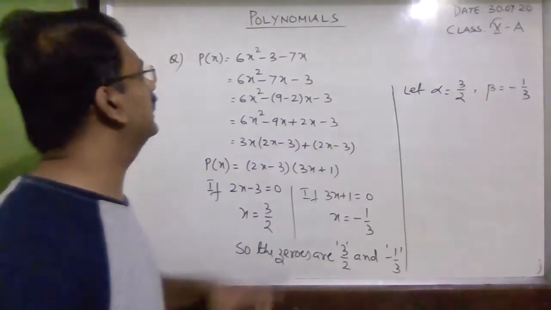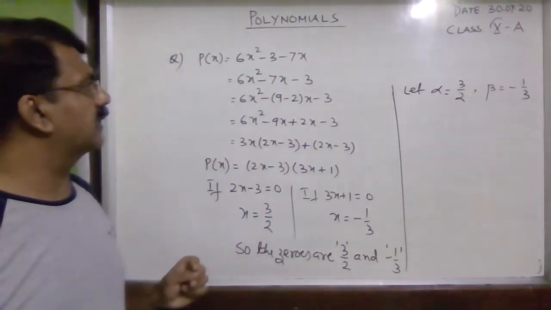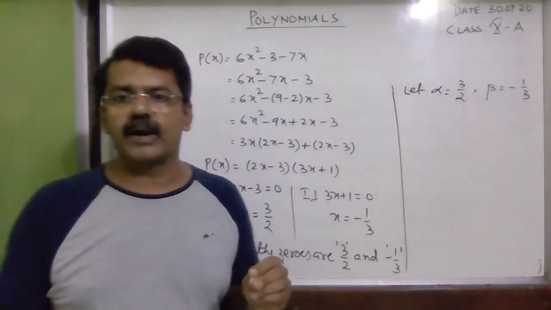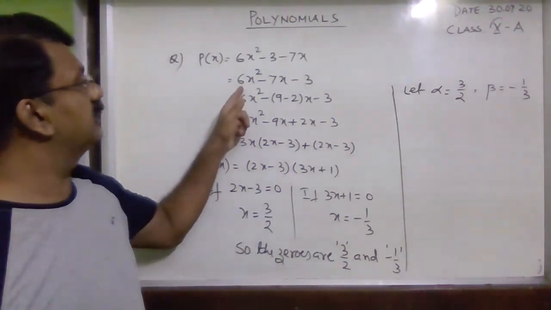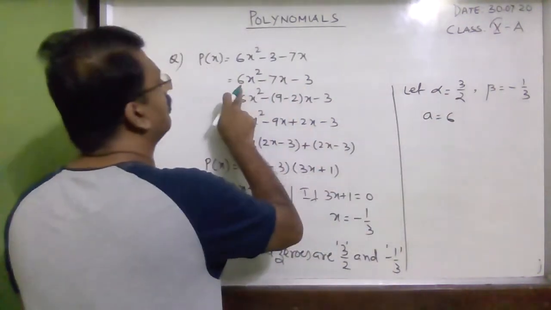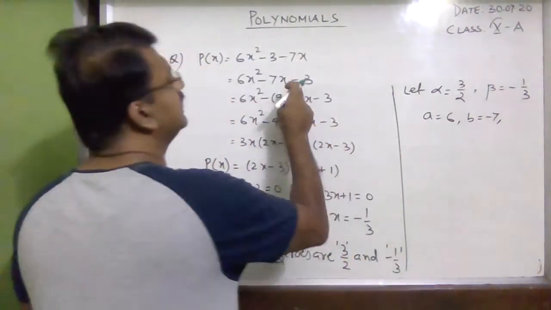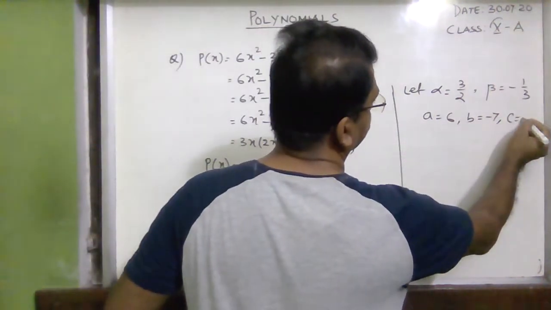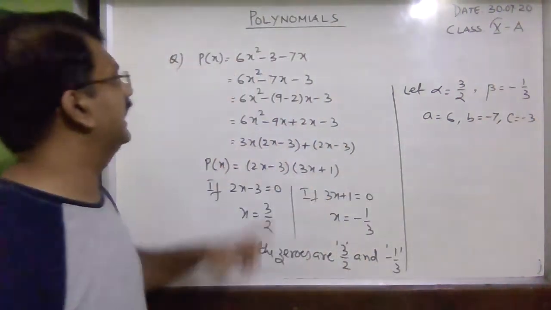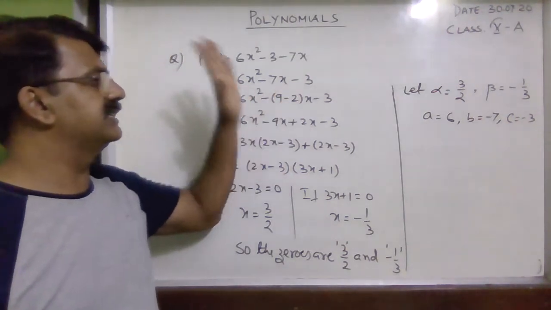And if you compare this polynomial with the quadratic polynomial ax square plus bx plus c, then you can see a is equal to 6, b is equal to minus 7 and c is equal to minus 3.